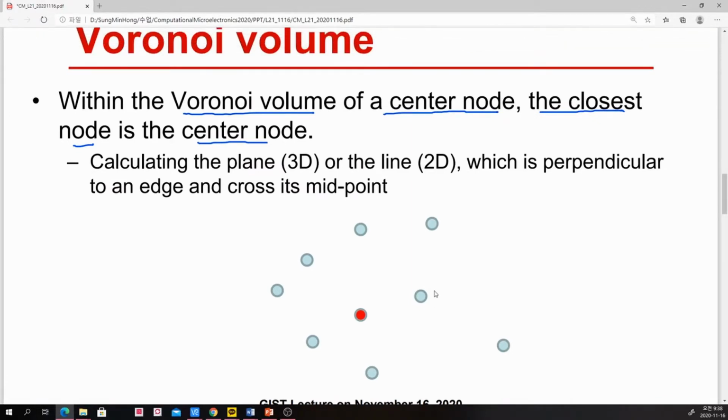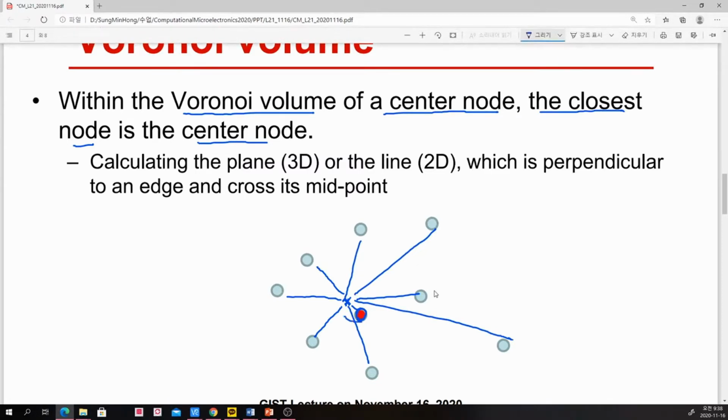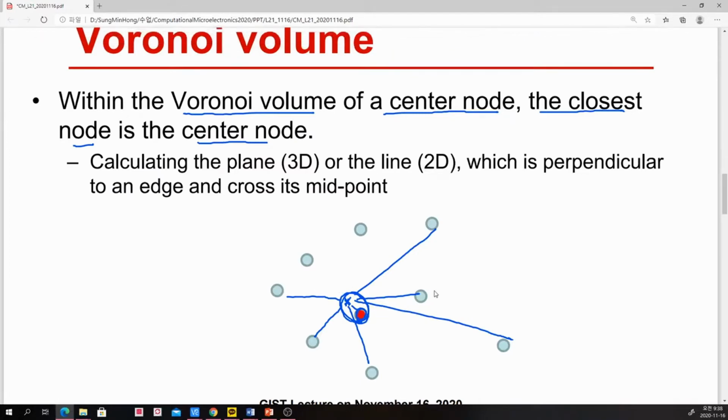However, within the Voronoi volume of this center node, when we evaluate the distance to every node, the shortest one will always be this center node. That's the reason why this position is belonging to the Voronoi volume of this center node.